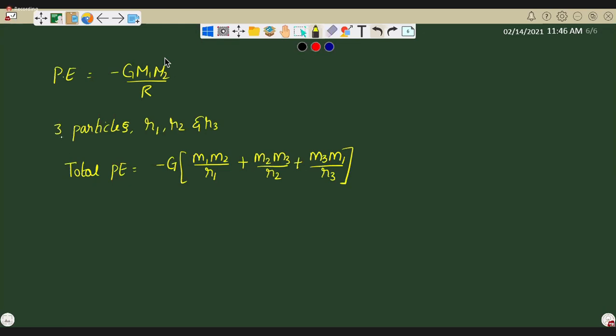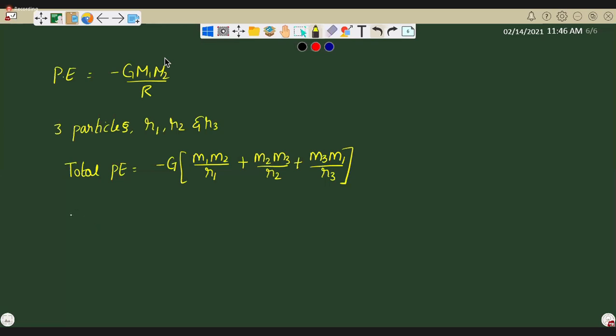So now if they ask five particles, you can do it, right? M1 M2 divided by R1 plus M2 M3 divided by R2 plus M3 M4 divided by R3 plus M4 M5 divided by R4 plus M5 M1 divided by R5, and so on.